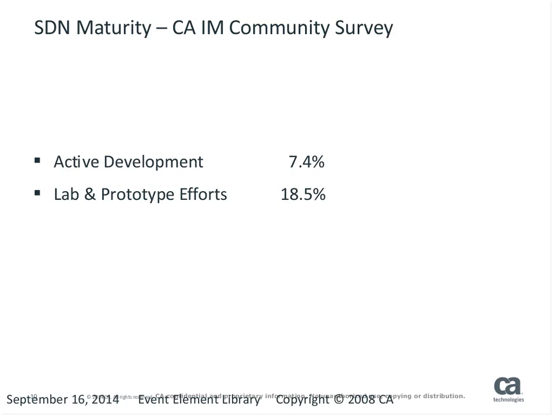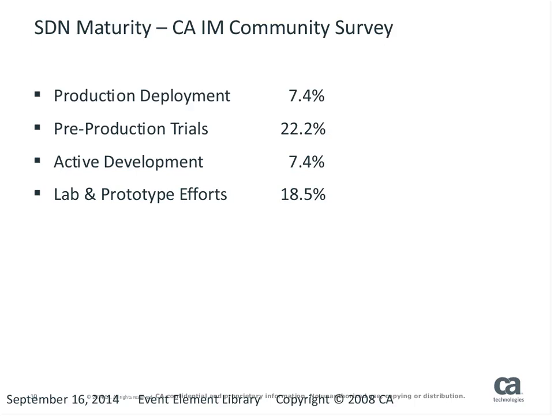About 7.5% were doing active development on product or production releases. There were 22% that were doing pre-production trials, basically live trials with SDN technology in various areas of their network or operation. And lastly, there were 7.5% that actually had a production deployment live at the time of the survey.